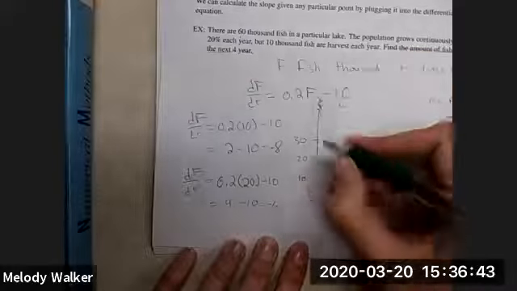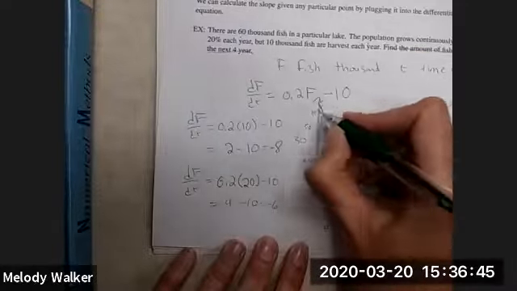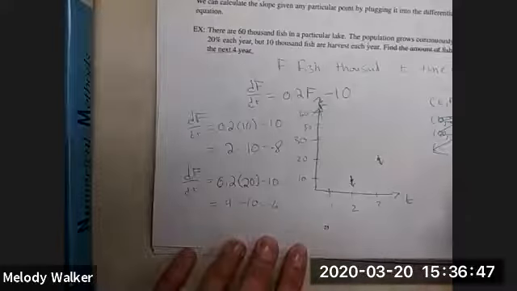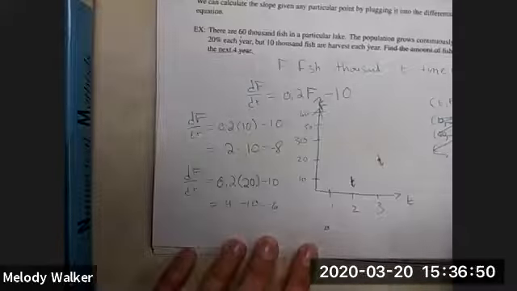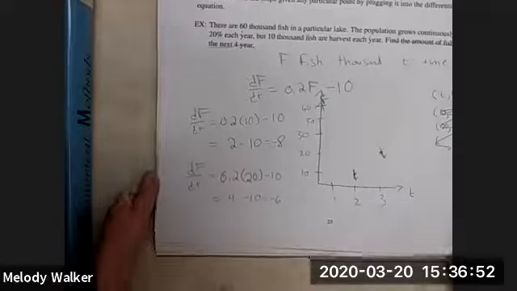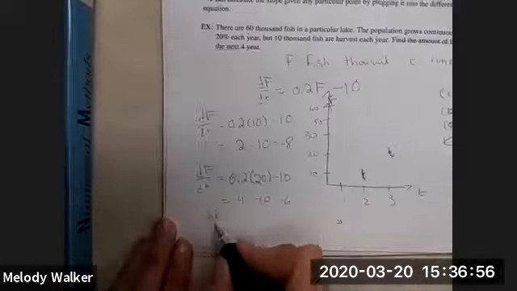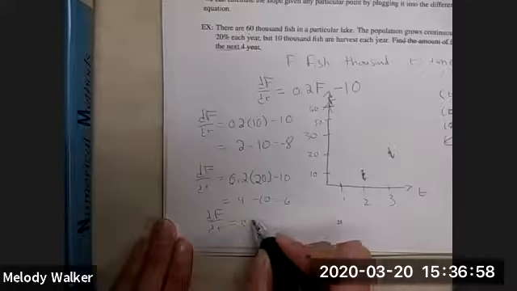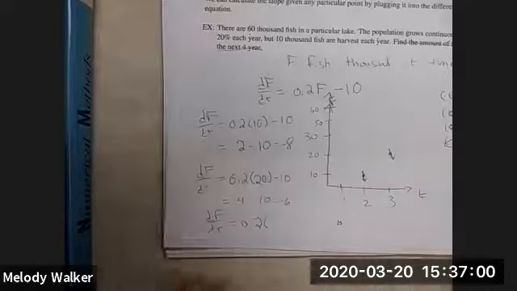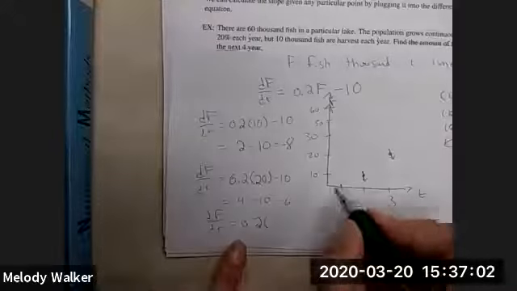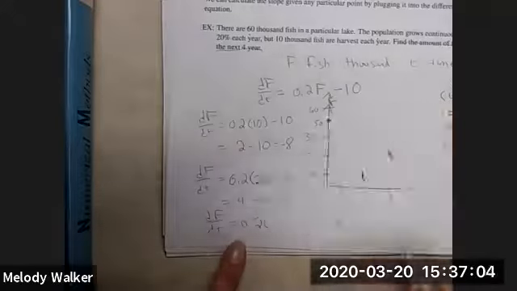Let's make this 50, let's make this 60. Sorry, I'm changing my points. So let's do (0, 50). I'm just plugging into the differential equation to find my slope at this point. So (0, 50) is right here, that's my point.